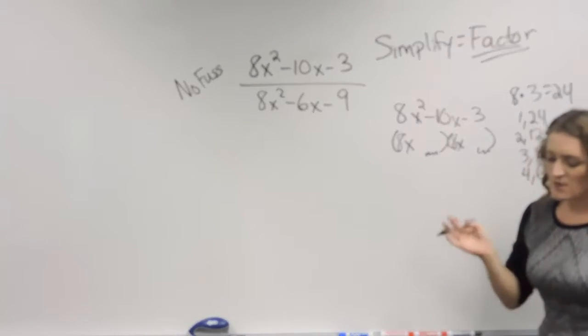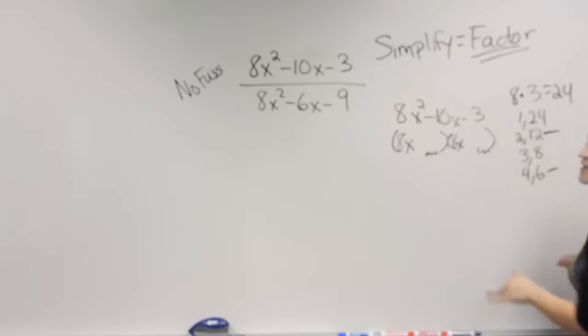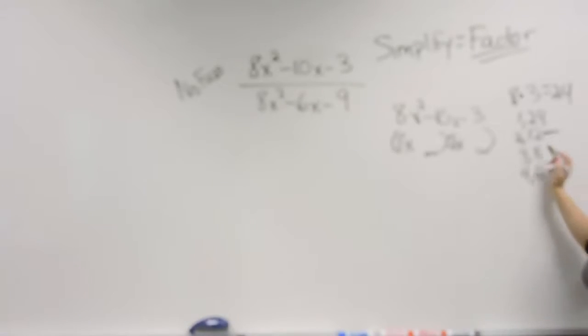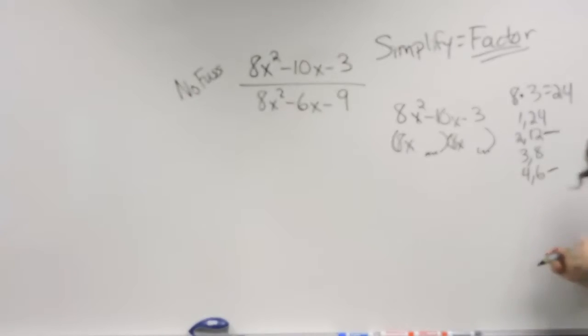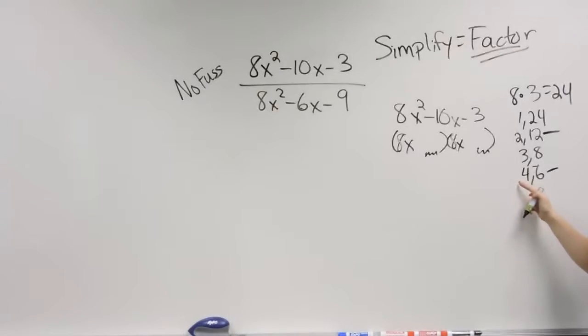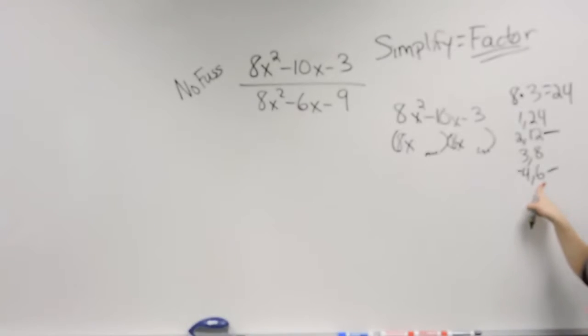If I need different signs, let's go back and think about our rules for adding with different signs. Which one would give me a 10? For example, if I had a negative 6 and a 4, 4 plus negative 6 is a negative 2. Or if I put the negative on the 4, negative 4 plus 6 is a positive 2. That's not getting me a 10.